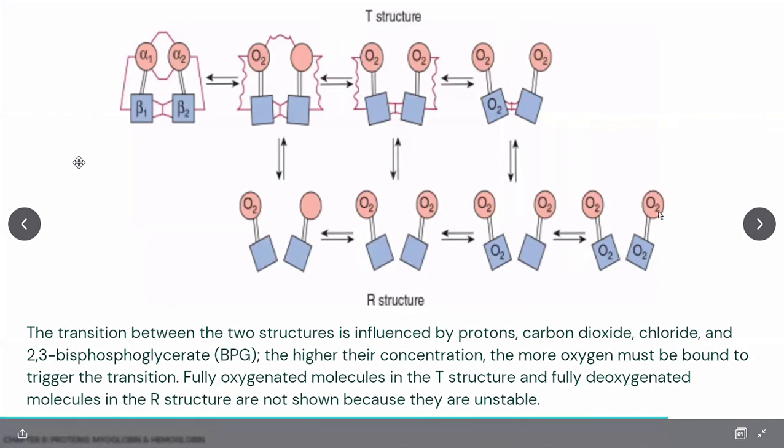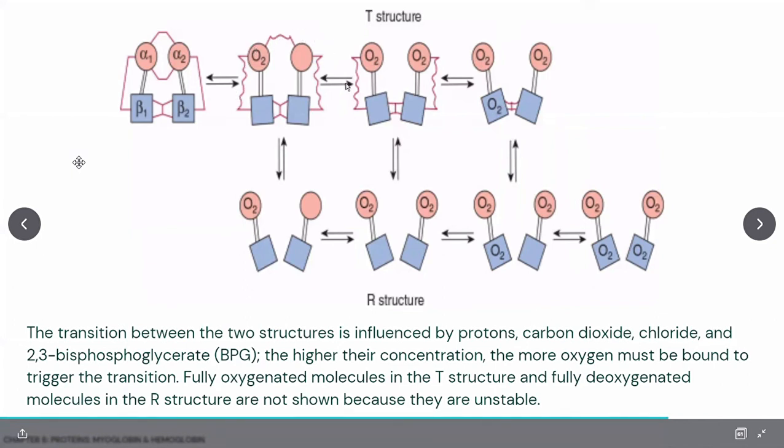However, when the oxygen is released to the tissues, the ionic bonds are restored like this. It comes like this again. So when this goes to the lungs, where oxygen concentration is very high, then this is what's going to happen.